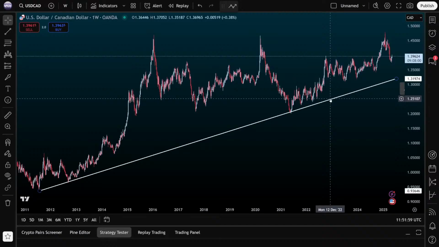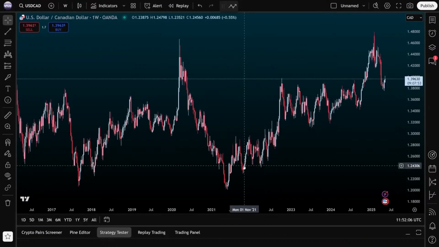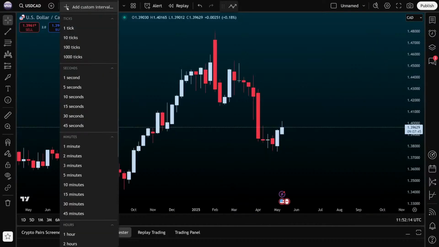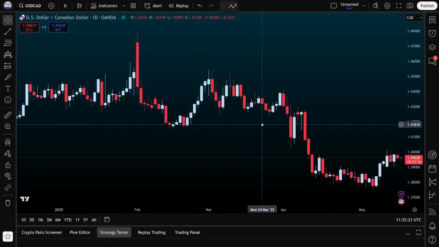So now the next thing I do, let me just remove this one line, is go in a little bit zoomed in. I was looking at the weekly, so now let's look at the daily chart. That means every candle is a day. The daily chart is showing me a totally different picture.